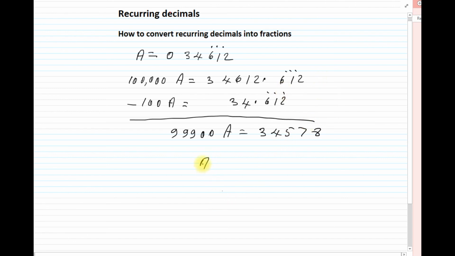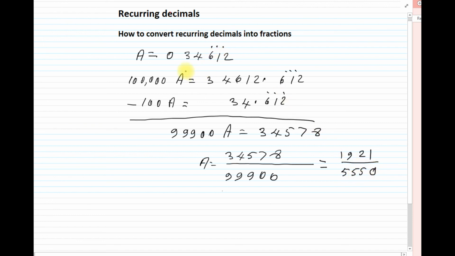So from here, A will be equal to 34,578, that's a mouthful, divided by 99,900. Now this must be simplified, and I have taken the liberty to do this in advance, and the number that we get is 1921 over 5550.